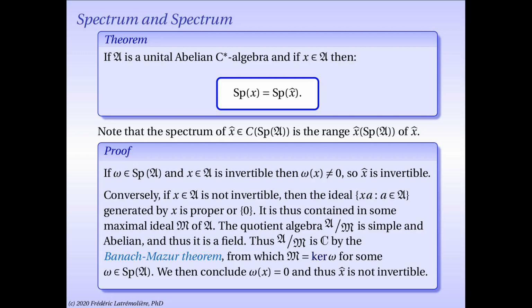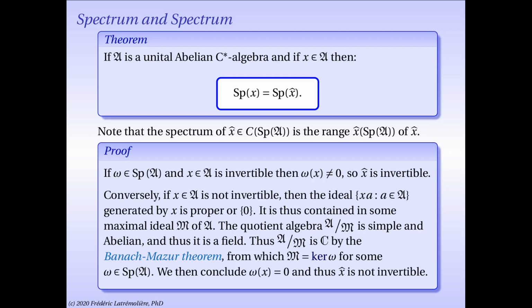So what I'm going to do is take the principal ideal generated by x. And because here I'm living in a nice Abelian C-star algebra, I know exactly what the ideal looks like. It looks like the set of products of the form x times a, where a ranges over your C-star algebra. And I claim that this ideal is proper, or equal to the singleton 0.